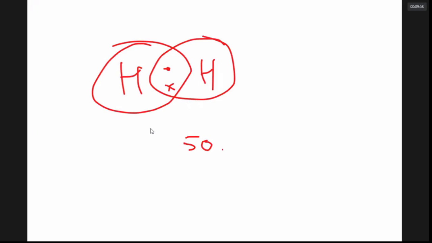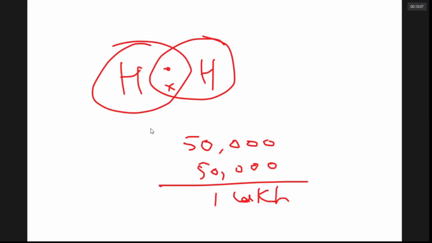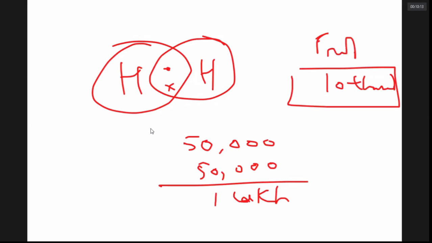You have given 50,000, your friend has given 50,000, you started the business with 1 lakh, and you got a profit of 10,000. How will you distribute the 10,000 profit? Equally. You take 5,000 and your friend will take 5,000. That is a justifiable distribution.